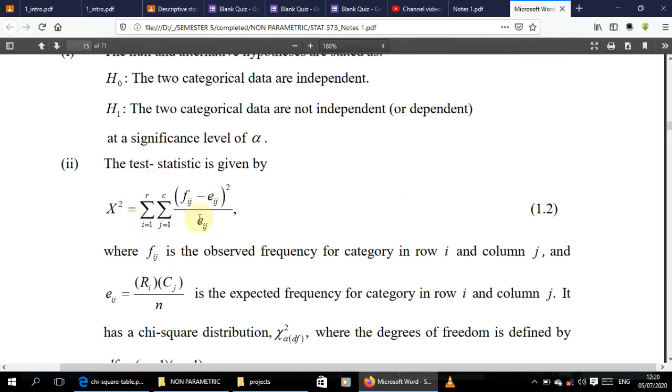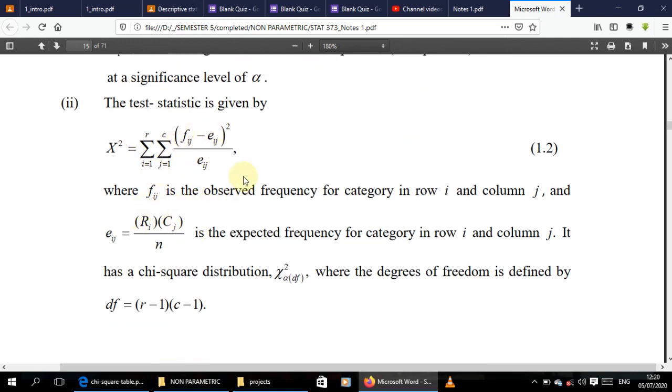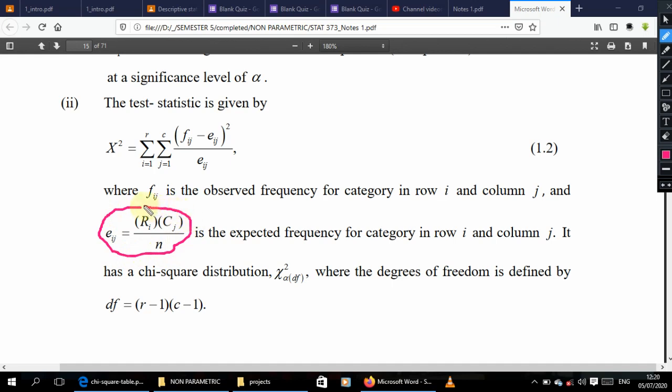And now, how do we get the EIs? Remember in the chi-square goodness of fit, EI was found by multiplying n times some probability. But here, this is how you get your EIs: the row sum times the column sum over n.